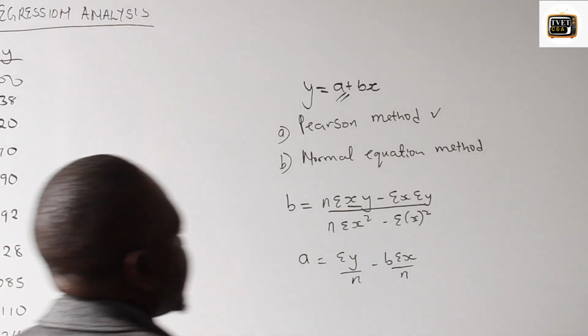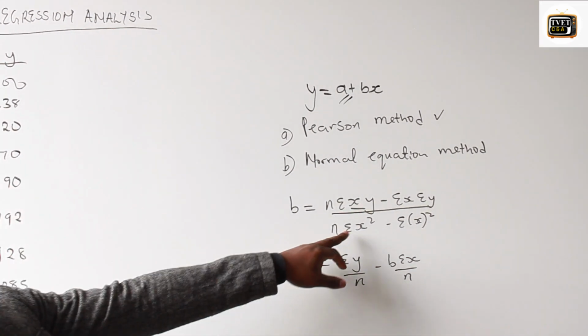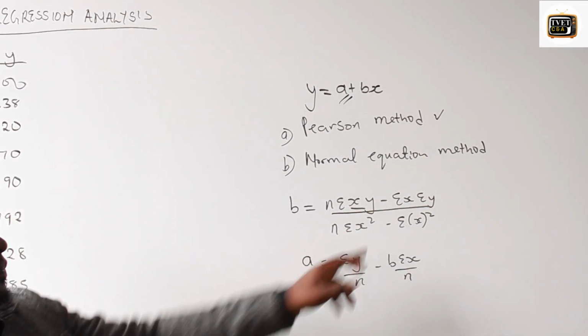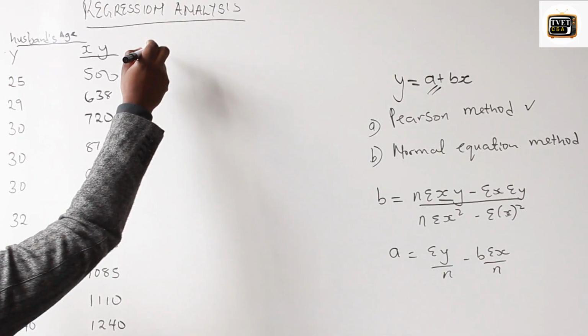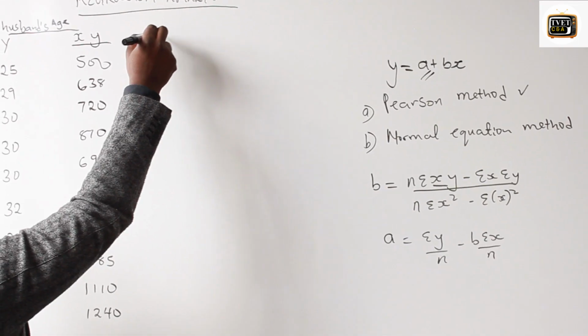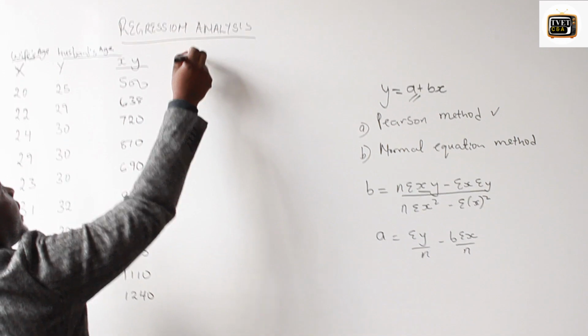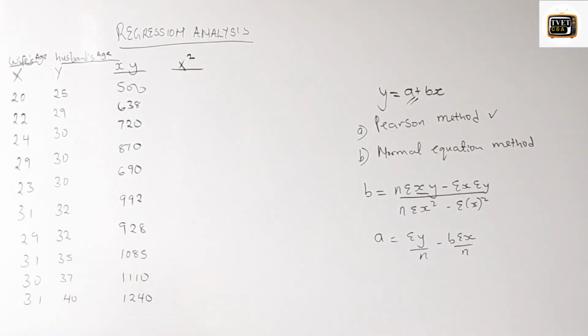Then we'll come back. Look at what is missing again. We have the x squared. You'll write here x squared, which means the x variable times itself.